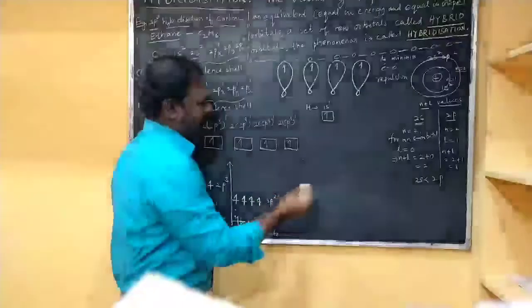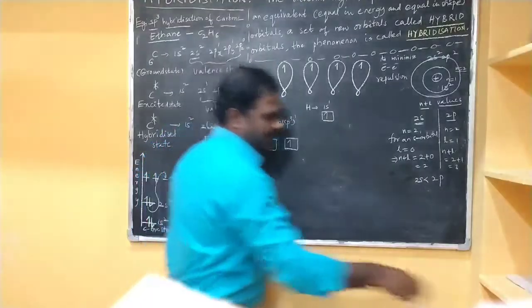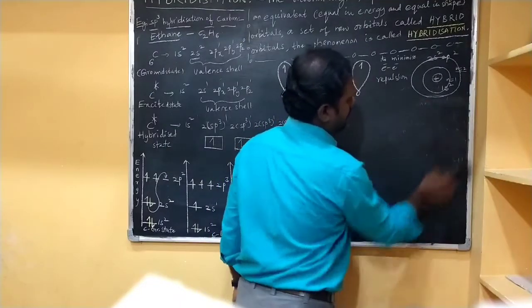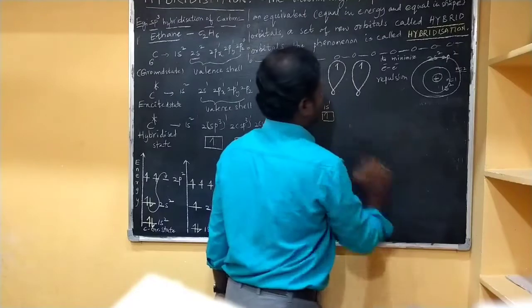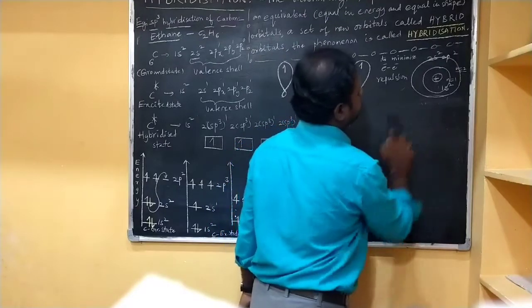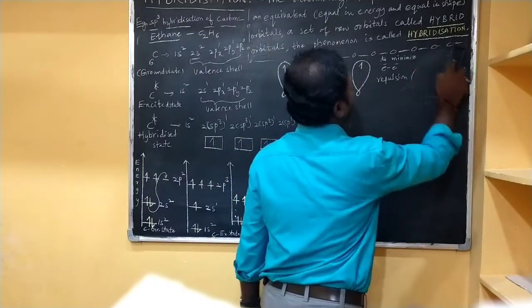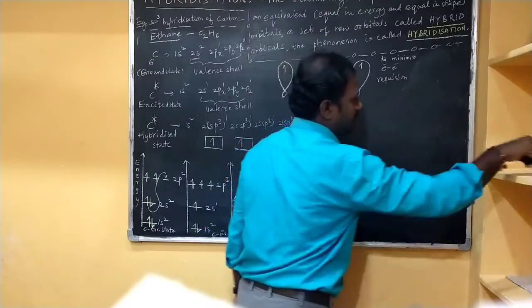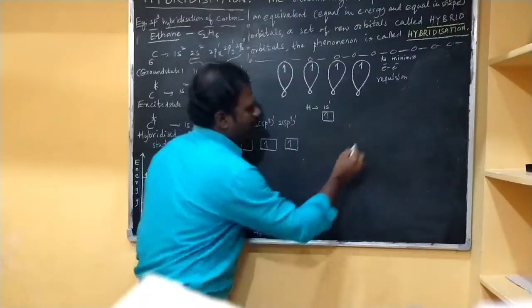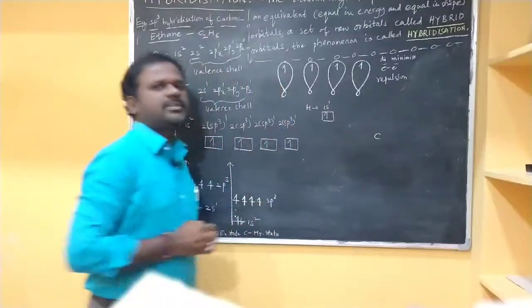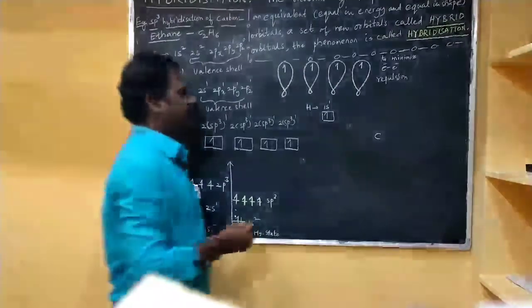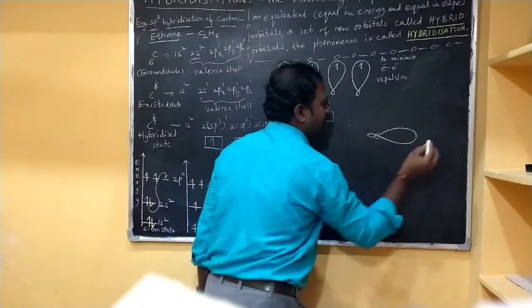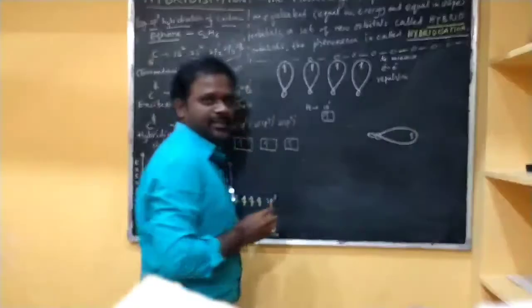So we can see here for carbon, for each and every carbon it can undergo sp3 hybridization. That's why they are arranged tetrahedrally.